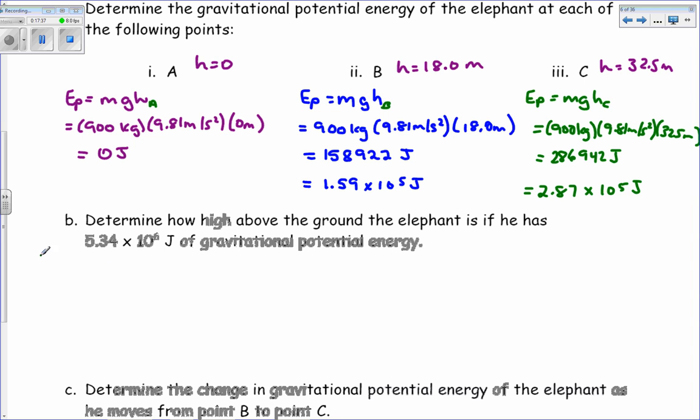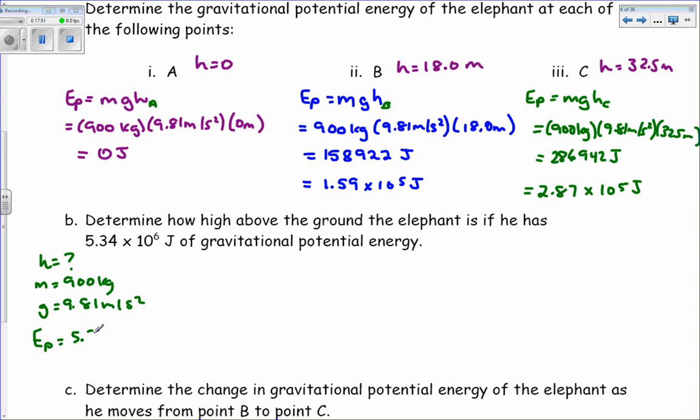So we want to determine how high above the ground the elephant is. Remember, we have a mass of 900 kilograms, and our g is 9.81 meters per second squared. And we have a potential energy here of 5.34 times 10 to the 6 joules, which is much larger than anything we have here. So we're going to get a height much larger than the actual cliff, right? Okay, so EP equals mgh, so h equals EP divided by mg.